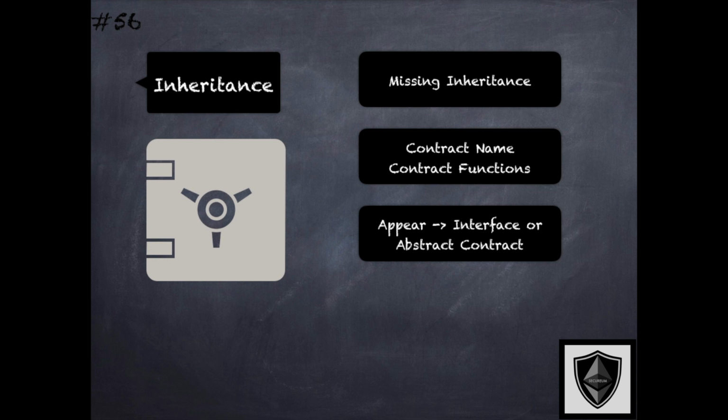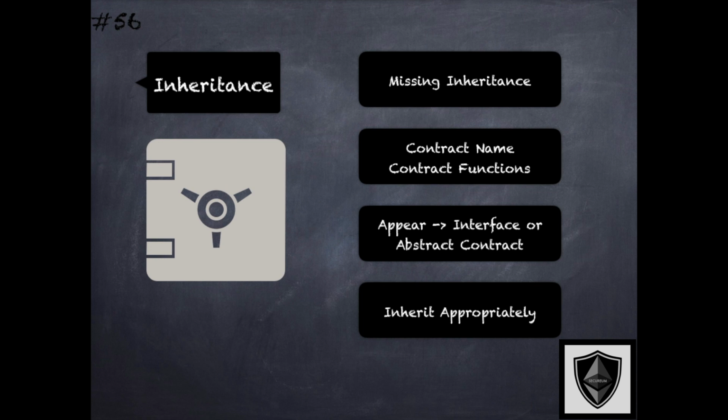This affects not only the readability and maintainability aspects for the developers or the project team, but it also affects the auditability, because the security reviewer might look at this contract and assume certain aspects, thinking that it's inheriting from the similarly named interface or abstract contract, whereas in fact it does not do so.